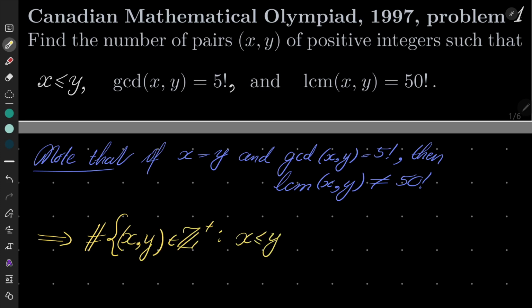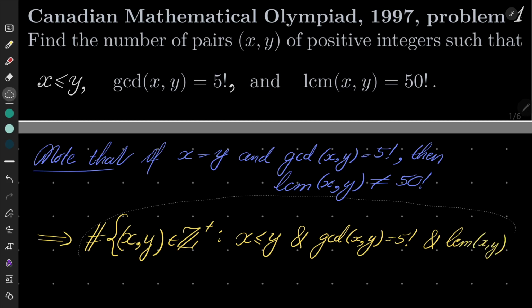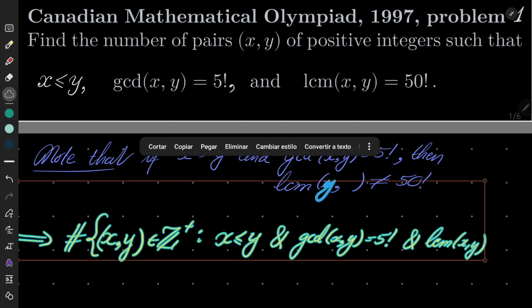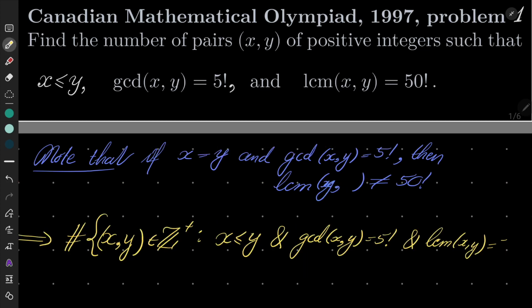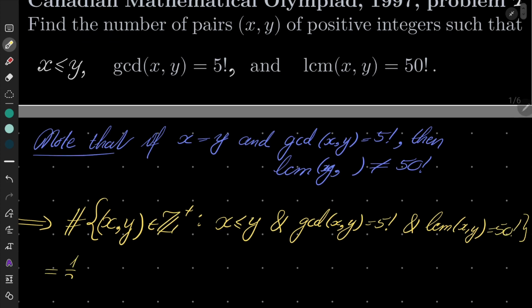So the cardinality of this set is just 1/2 the cardinality of the set with the first condition omitted.